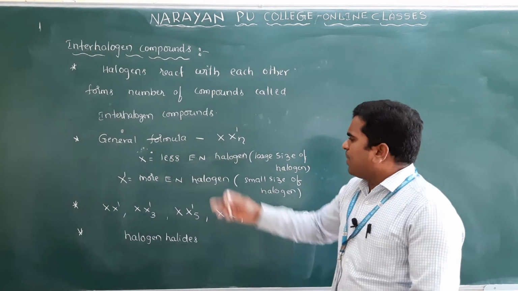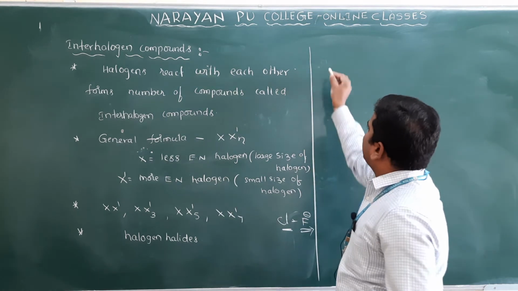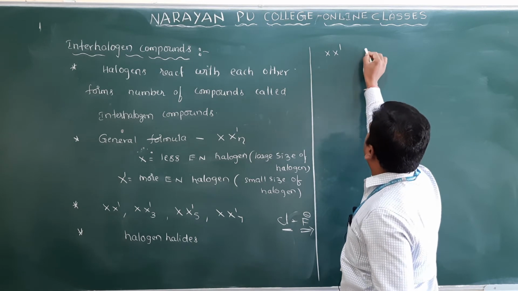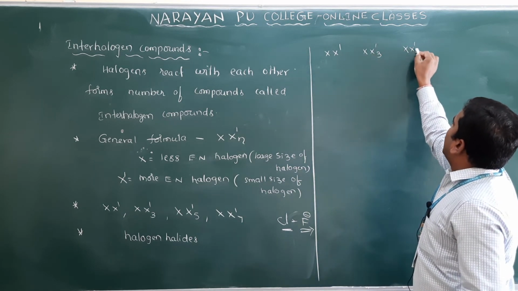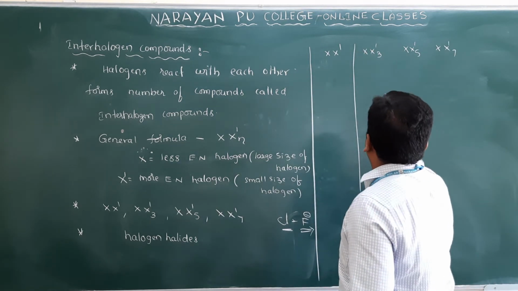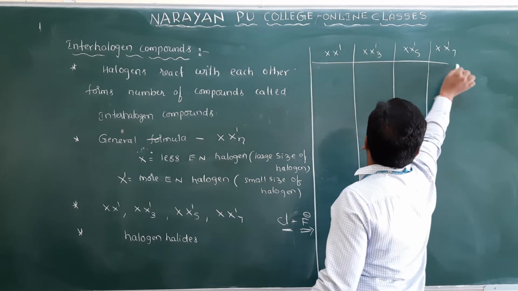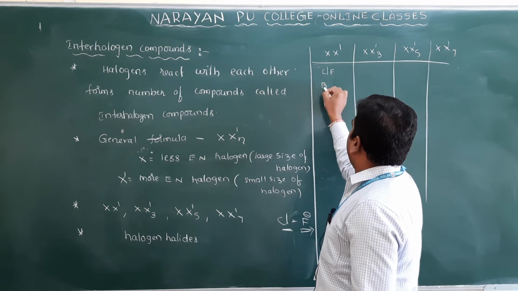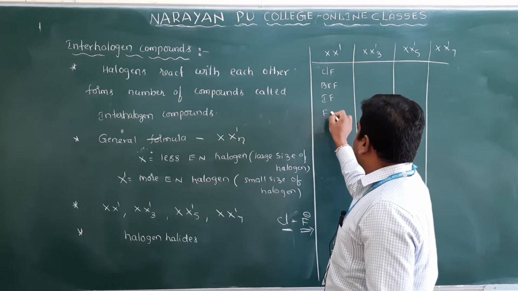Now I will write examples for XX-, XX-3, XX-5 and XX-7. If you write the examples, then you will get some clarity here. Examples for XX-: ClF, BrF, IF. Shall I write here FCl?